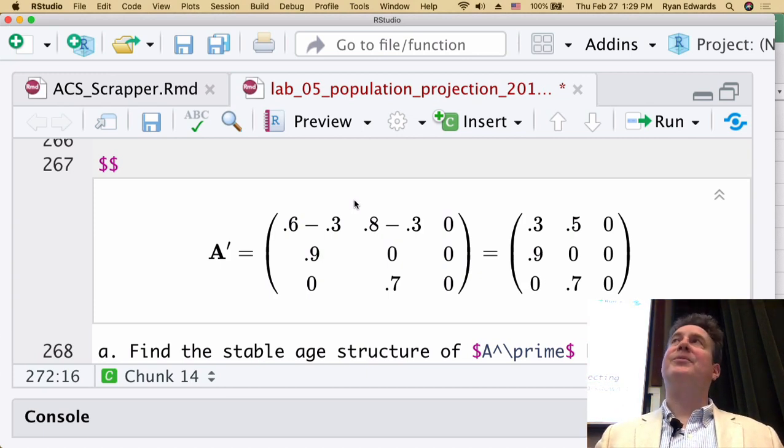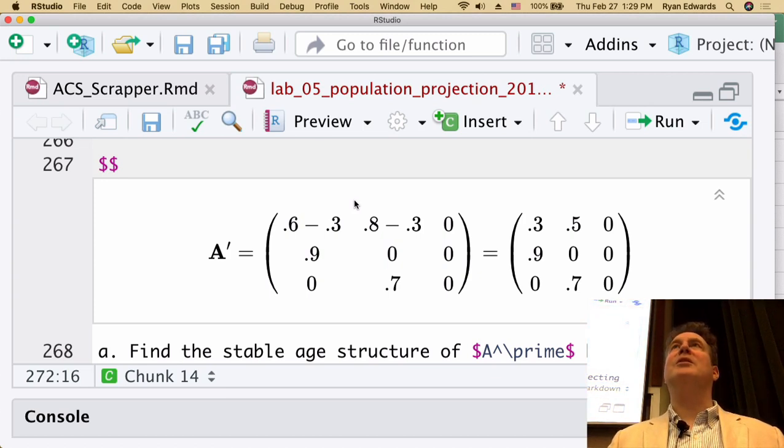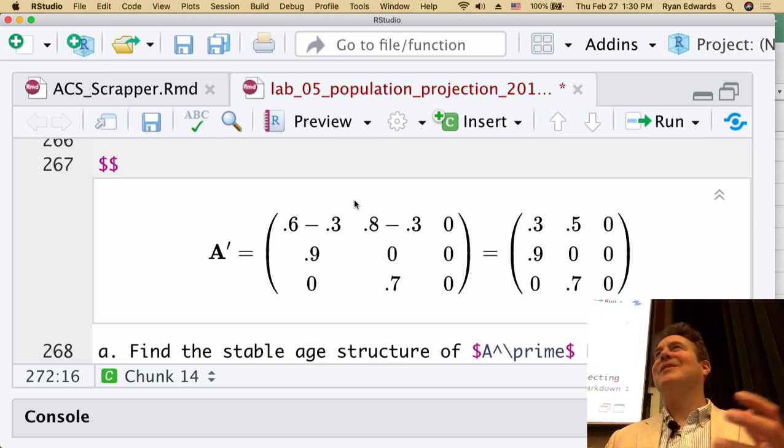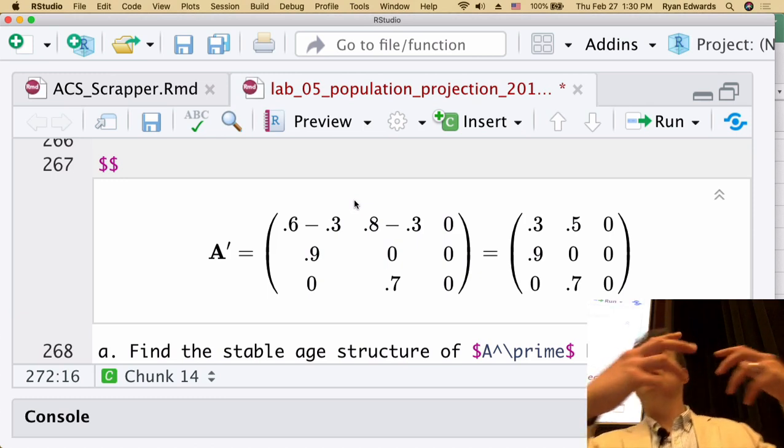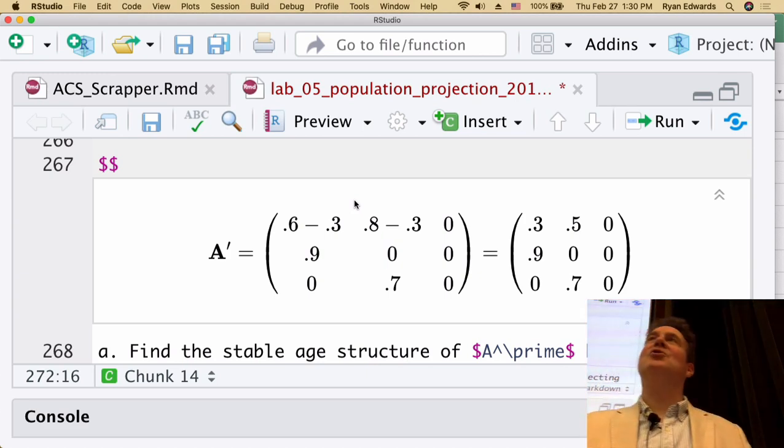What happens? Why do we care? Historically, human populations have gone from high fertility situations, where people have a whole lot of kids, to lower fertility situations. And you might wonder, what does that do to age structure? I can just ask you, what does fertility decline do to age structure?